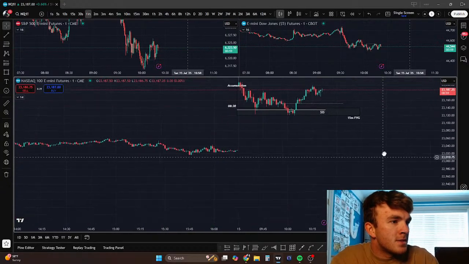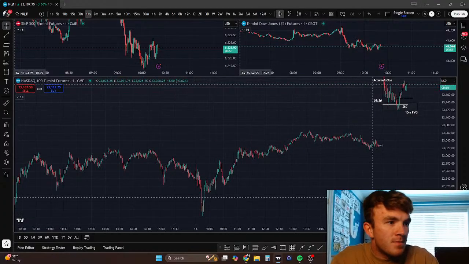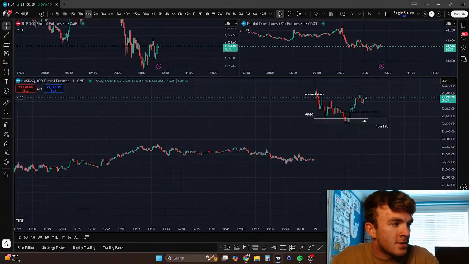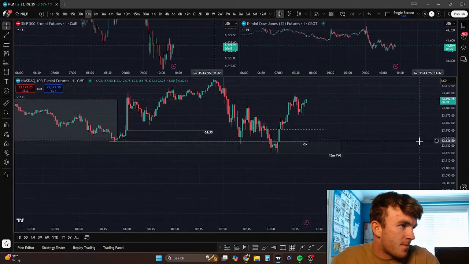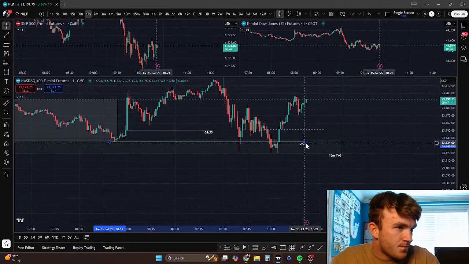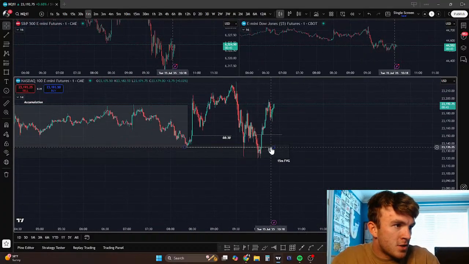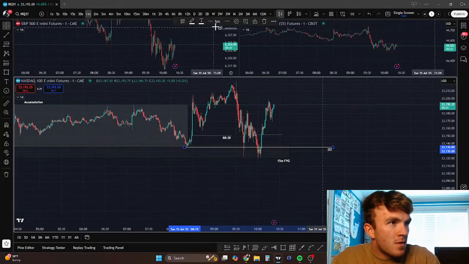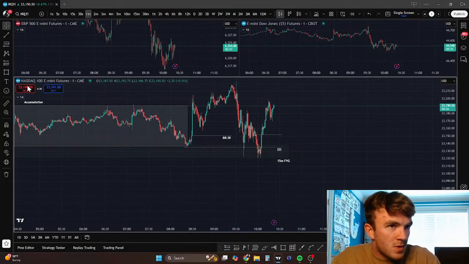Oh, we do have this opening range gap. Maybe we'll want to fill that later. Accumulation. Manipulation.